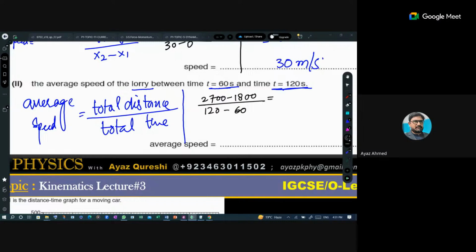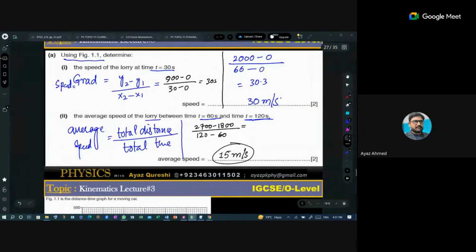Can you calculate it, please? The answer is 15. Yes, please calculate for the counter check. Got it?